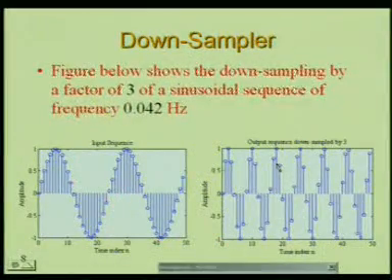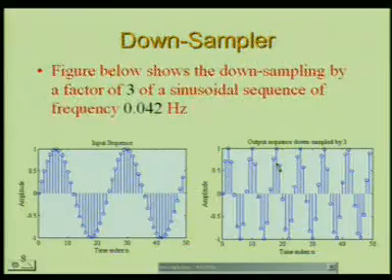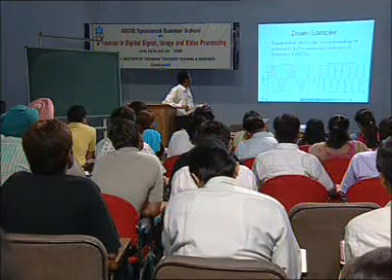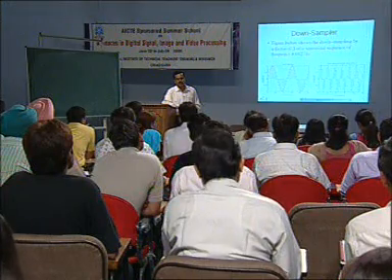So, the output is y[n]. So, this is the output. Here the sampling frequency has been decreased by a factor equal to 3.